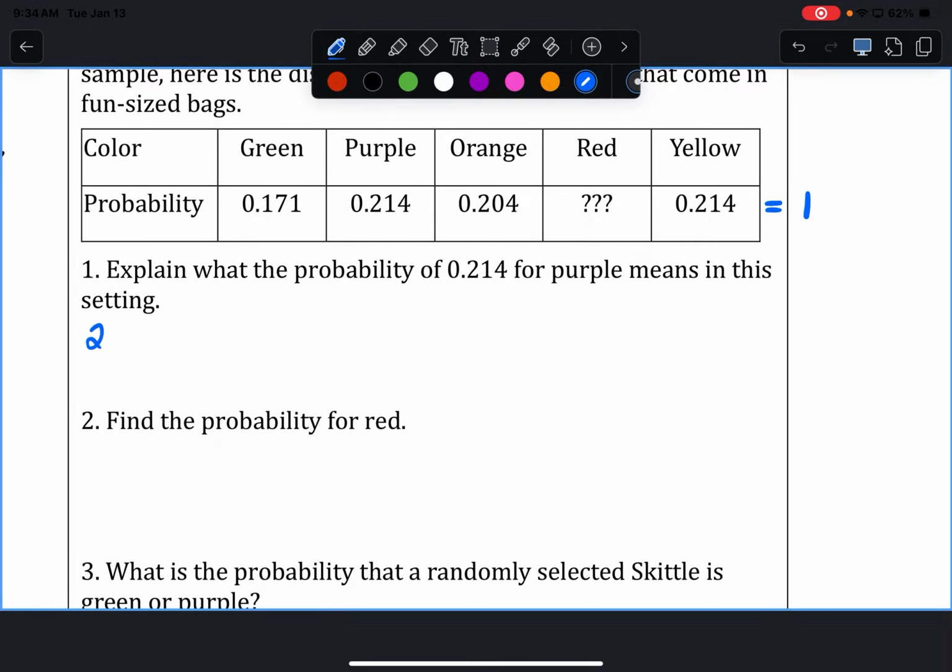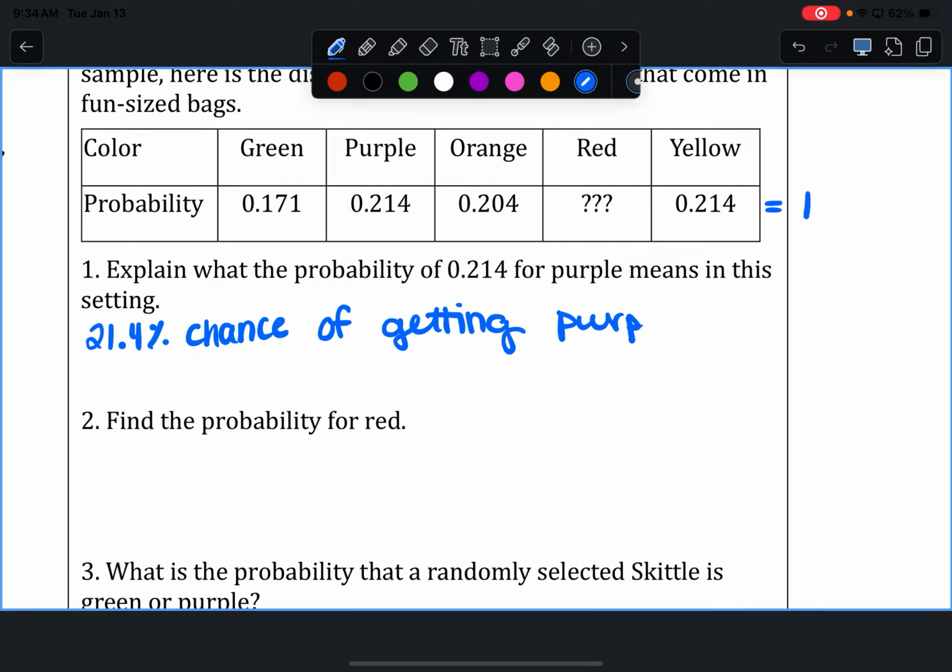That would give us a 21.4% chance of getting purple. So, not quite a coin flip, but almost. I mean a fourth, like a quarter of one. That's what I meant.